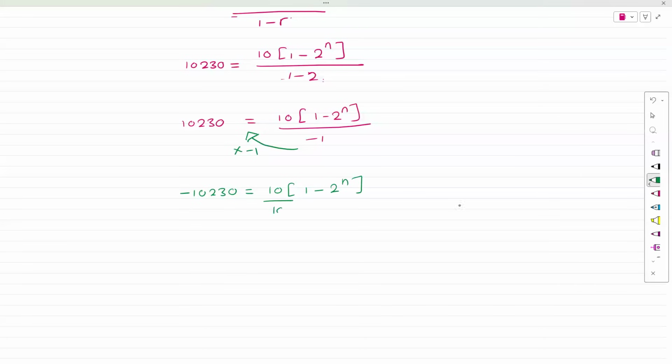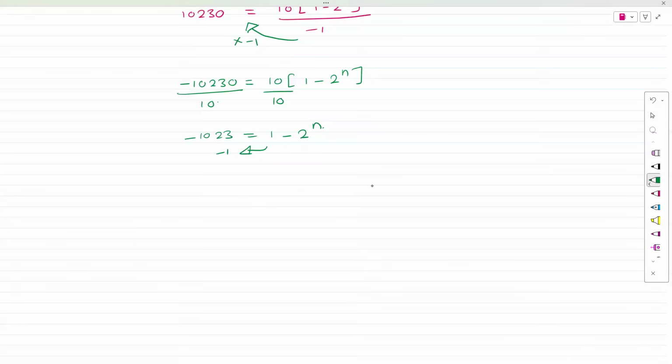I would take this over as division. And this should be minus 1023 equals 1 minus 2 to the power of n. I would take plus 1 over as minus 1. I'm taking it step by step, guys. This would be minus 1024, and that equals minus 2 to the power of n.